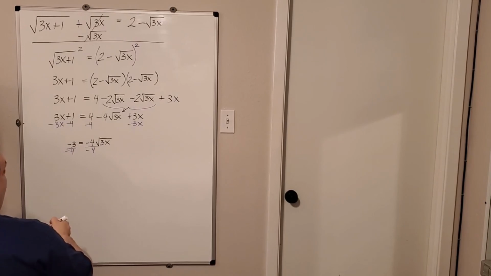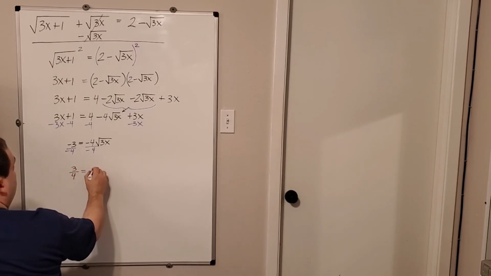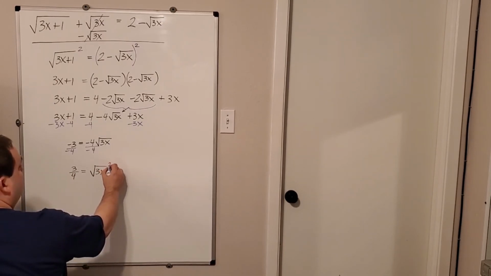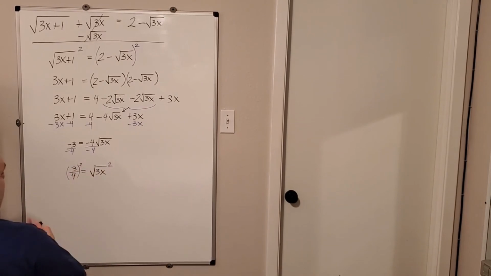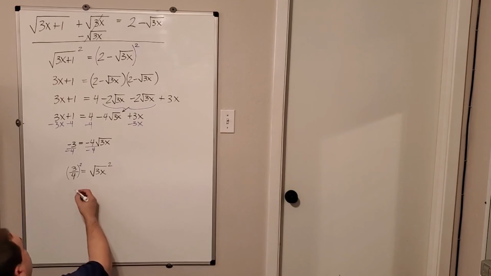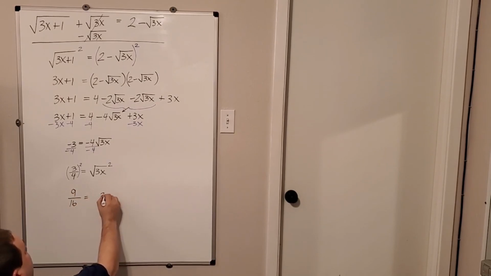So now I've got 3/4 is equal to square root of 3x. There's that square root by itself. What am I going to do? I'm going to square, right? I'm going to square both sides now. That's going to end up with 9/16 is equal to 3x.